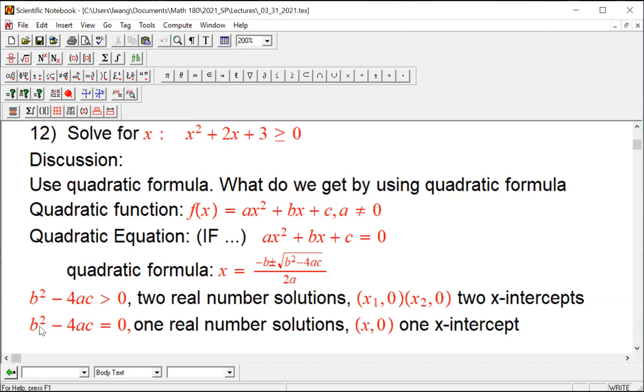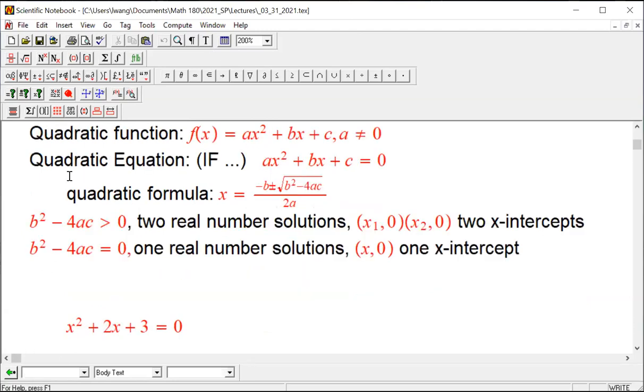And then you say, well, the last case, you know it, right? What is the last case? The last case is that b squared minus 4ac is less than 0. This is the case that you have a negative number underneath the square root. And we know that will lead us to complex numbers.